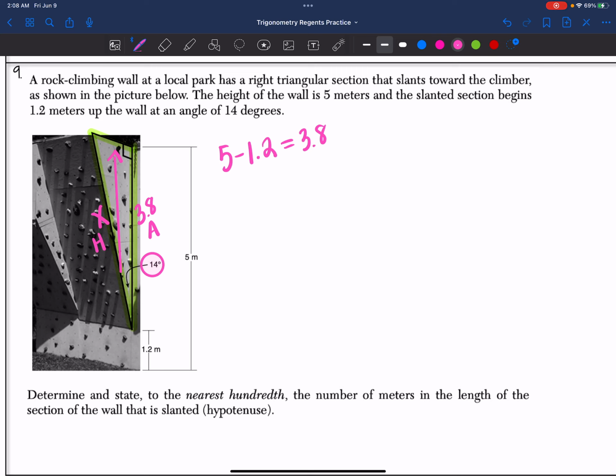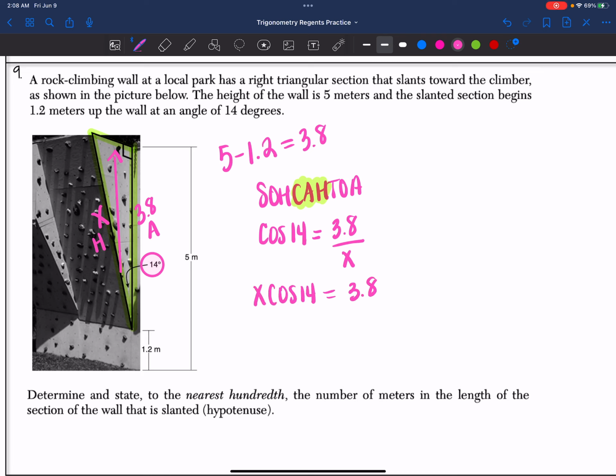So if I'm looking for X, let's go ahead and write out SOHCAHTOA. And in SOHCAHTOA, we want to figure out which function uses adjacent and hypotenuse. That's going to be cosine. So cosine of what? Cosine of 14 is equal to adjacent, which is 3.8 over hypotenuse, which is what I'm looking for. So then x cosine of 14, when we cross multiply, is equal to 3.8.